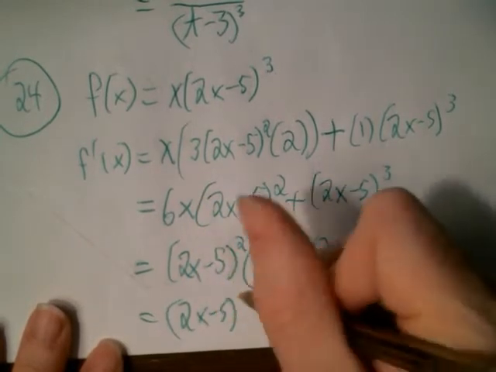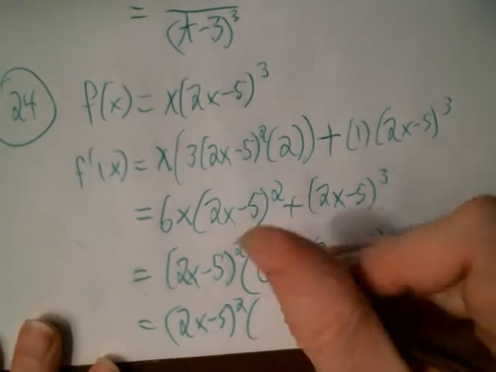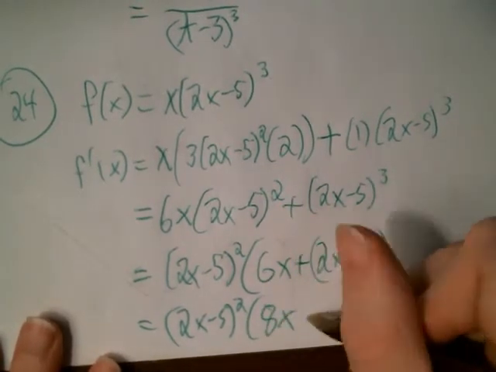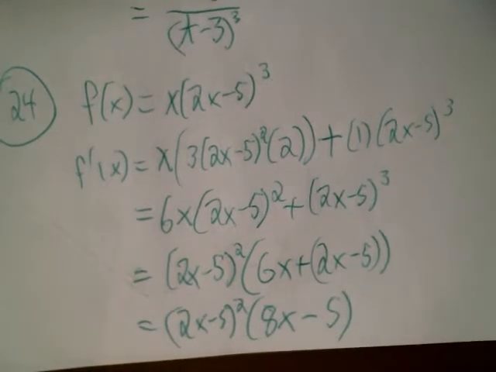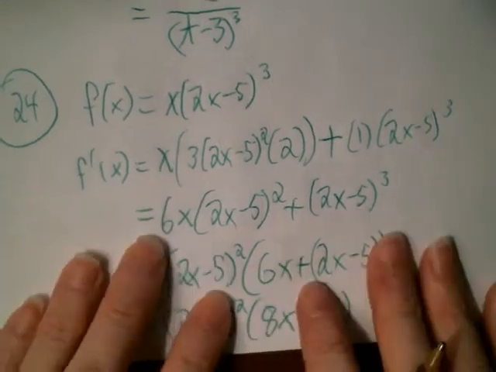I believe that's because of the associative law. And you get 6x plus 2x minus 5. So 6x plus 2x is 8x minus 5, and you get a nice little answer. Okay, so that was one chain rule and product rule. Let's look at one with chain rule plus quotient rule.